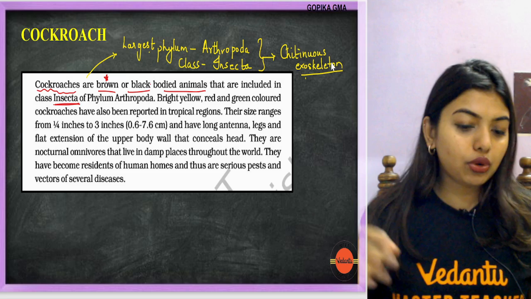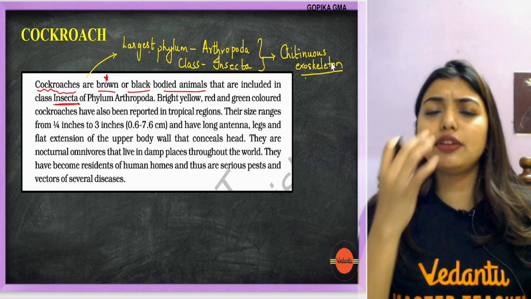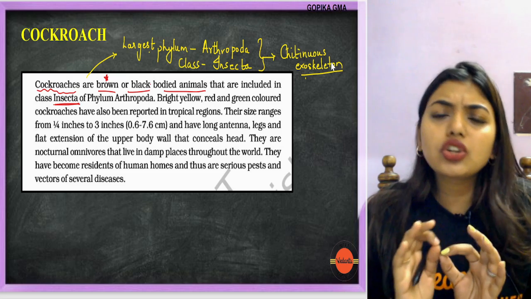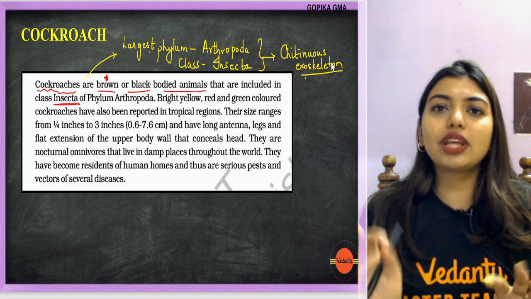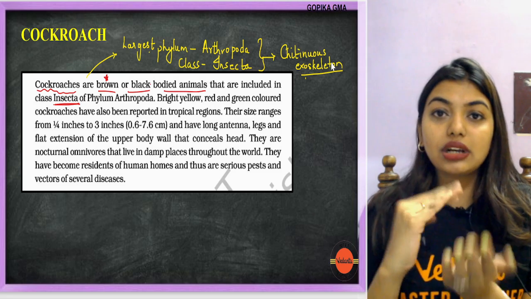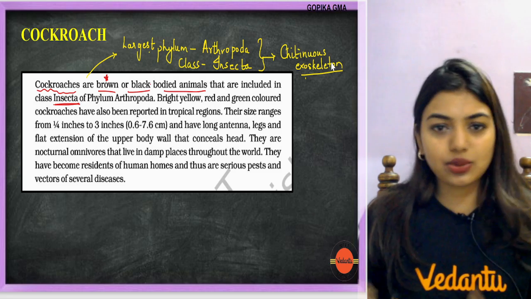If you have ever stamped on a cockroach, knowingly or unknowingly, you will know that nothing happens. Maybe it will just move like this and then come back to normal. Why is that? Because their outer covering is made up of chitinous exoskeleton, okay?